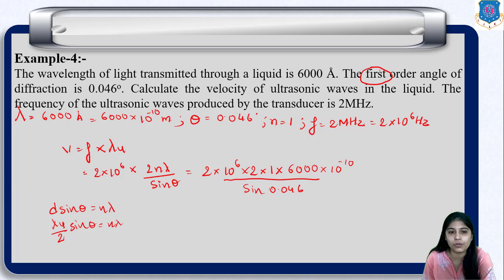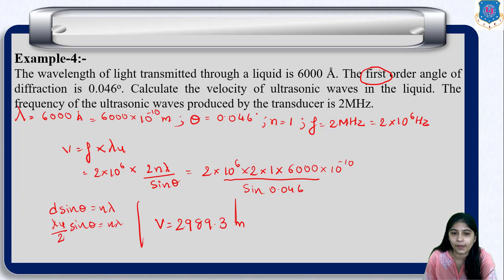Don't get confused, okay? So we'll get V as 2989.3 meter per second. Okay, so this is how you calculate the velocity of ultrasonic waves in the liquid, right? Now next example.